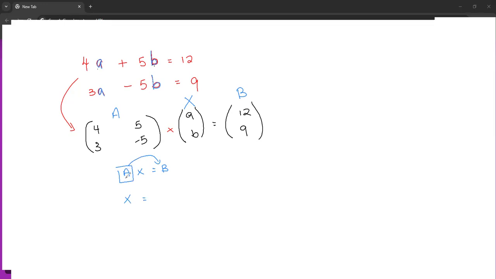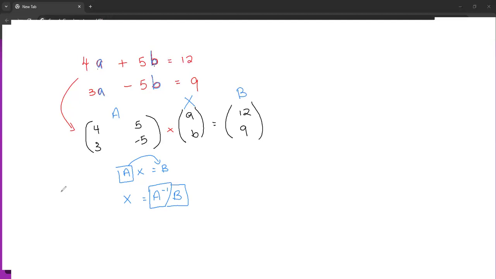So if I have matrix A, the opposite would be the inverse of matrix A. Normally we put it after what was there before, but in the case of matrices, we're going to put it before it. So in order to find X, I'm going to multiply the inverse of matrix A by B.